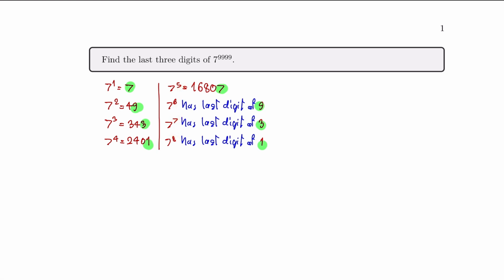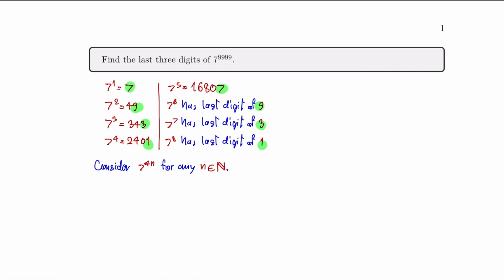So I have to look at the exponent that is a multiple of 4. So I want to consider 7 to the power of 4n, where n is any integer.